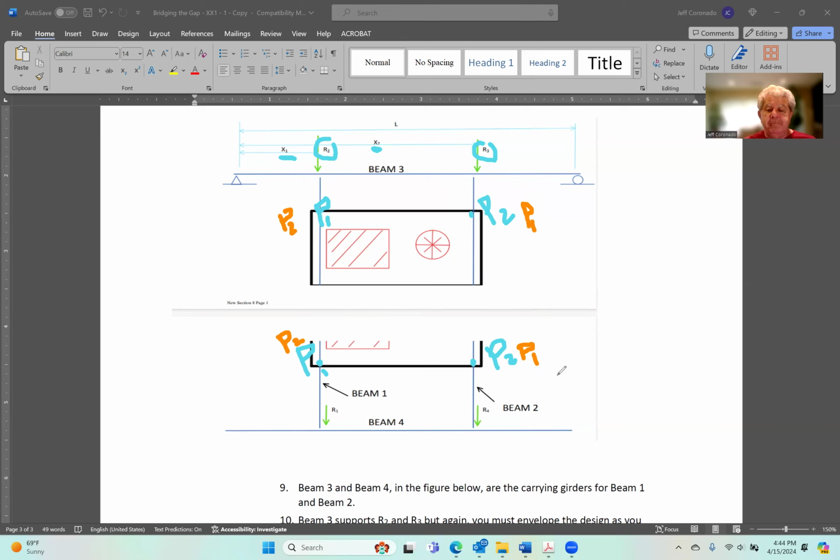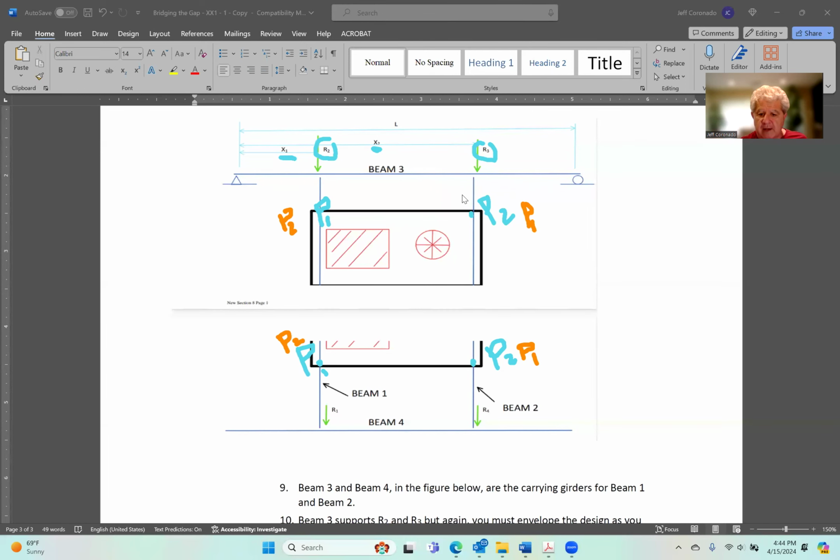So you have to make sure that beam 3 can handle both orientations of the mechanical equipment. So you almost have to evaluate it 2 different times and envelope your solution so that for whatever the maximum moment is in that situation, whatever the maximum shears are, wherever those maximum shears may occur in both scenarios, beam 3 is able to resist that loading.